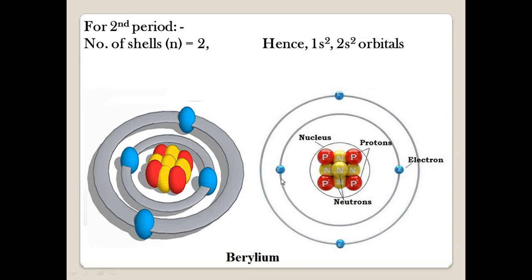So this has 2 electrons in the first orbital and 2 electrons in the second orbital. This is the electronic configuration of beryllium, which is 1s2 2s2.